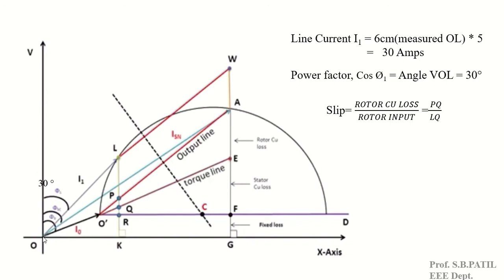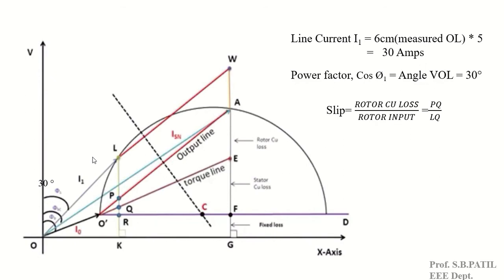By measuring this OL, it gives the value of 6 centimeter, and it is multiplied with the current scale, that is 5 ampere. It gives total line current equal to 30 ampere. And measure the power factor from this one.